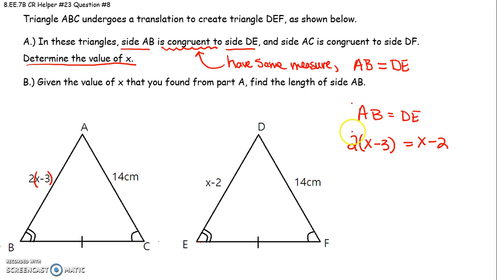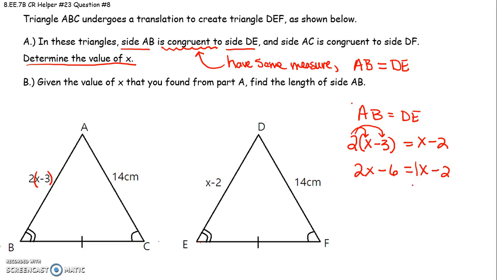Now I'm just going to solve this equation for X. I'm going to start by distributing 2 to clear out these parentheses. 2 times X is 2X, minus 2 times 3 is 6. 2X minus 6 equals X minus 2. At this point, there are lots of ways to go about solving this equation, but I believe your teachers encourage you to move all x's to the left side of the equal sign, all constants to the right. So that's what I'll do.